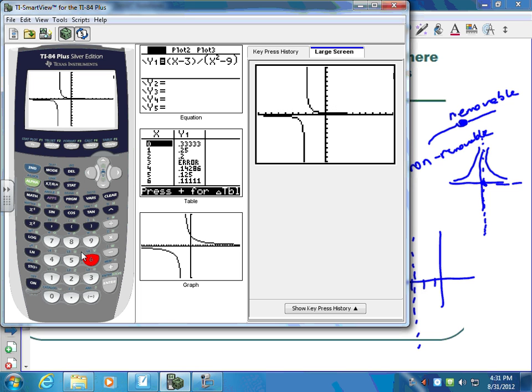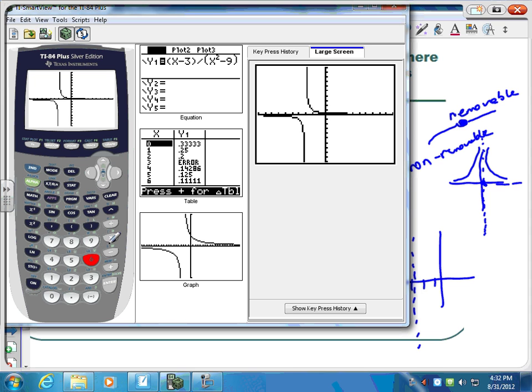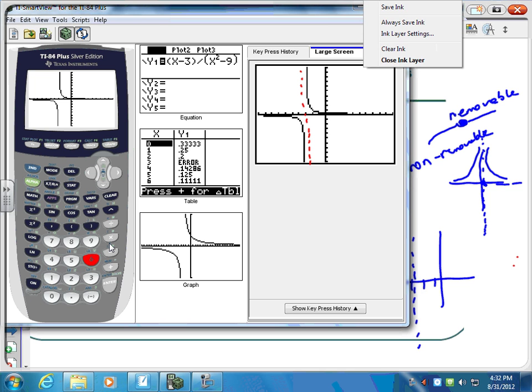Okay, so just like expected, at x equals negative 3, there is a vertical asymptote, which you may not be able to see because that's just a graphing aid. It's not really a part of the graph, but basically it's not defined there. And so the graph appears on both sides of that vertical asymptote.